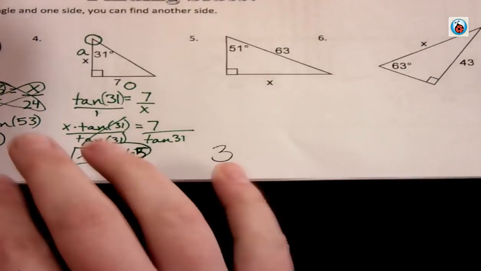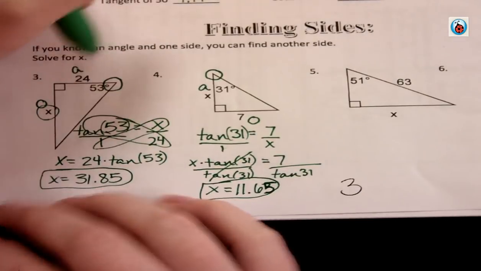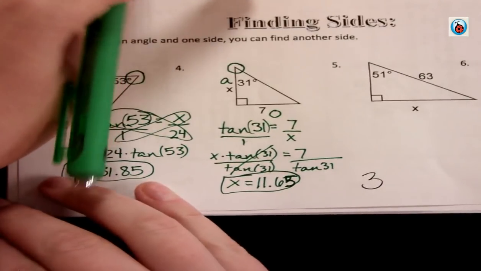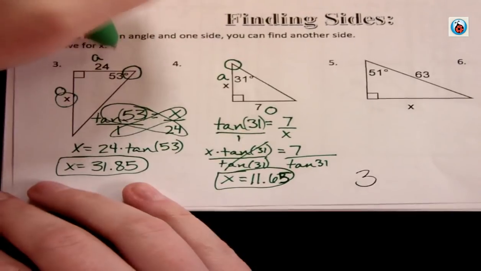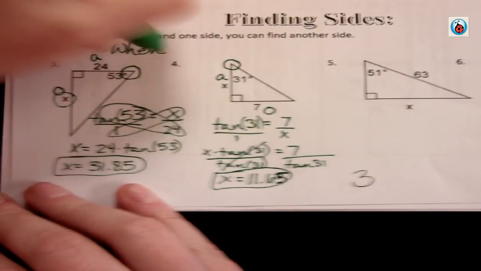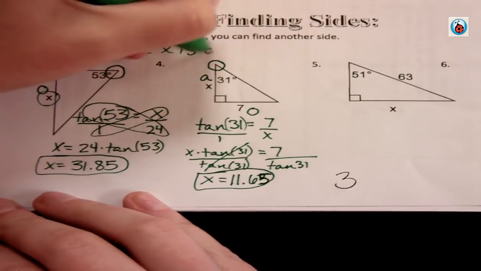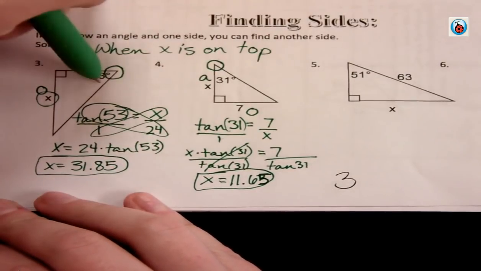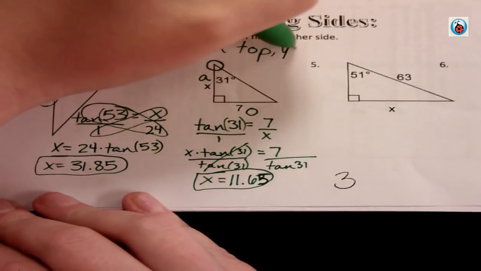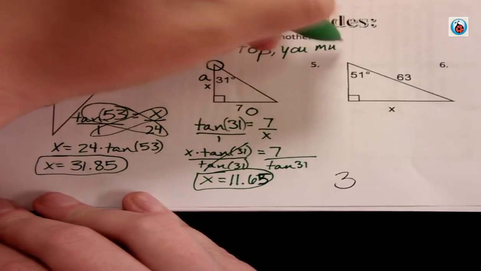Who doesn't want a shortcut? I'm going to show you a shortcut right here, and it will make your life a lot easier, so you don't have to cross multiply anymore. I want you to write it on your paper too.